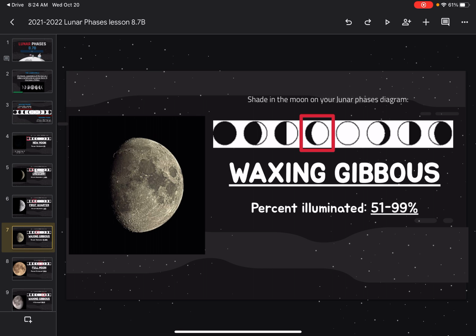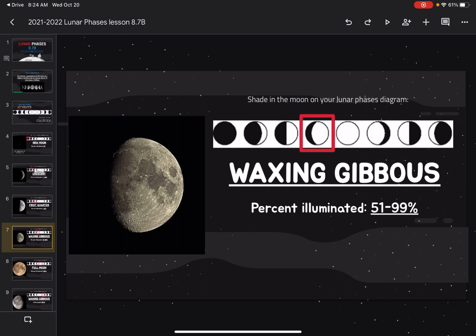Okay. After the first quarter, it is a waxing gibbous. So this means that the illumination is anywhere between 51% and 99%. So it's bigger than a first quarter, but smaller than a full moon. So it's less than 100%. It is still gaining light, so the light is still on the right.